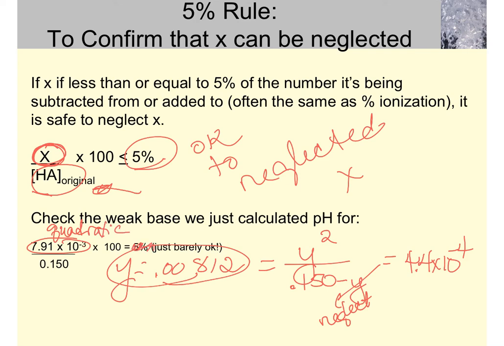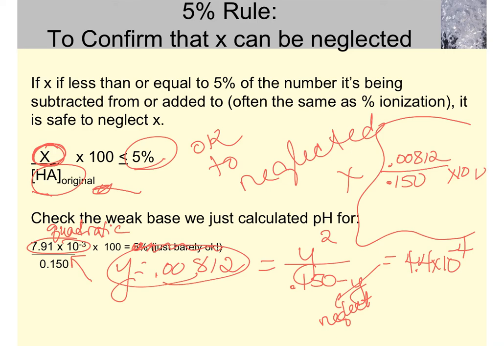Okay, I didn't notice until I started doing this lecture that I plugged in the value from the quadratic instead of what you would get by neglecting X. So now we do the 5% rule on the value. We put in 0.00812 divided by 0.150 times 100, and that equals 5.4%.